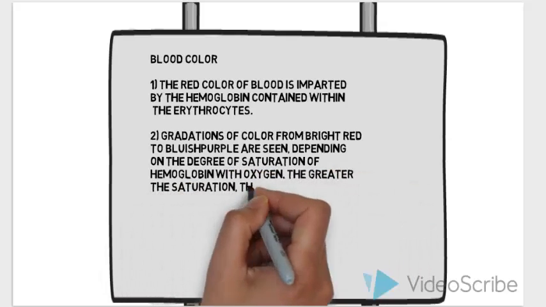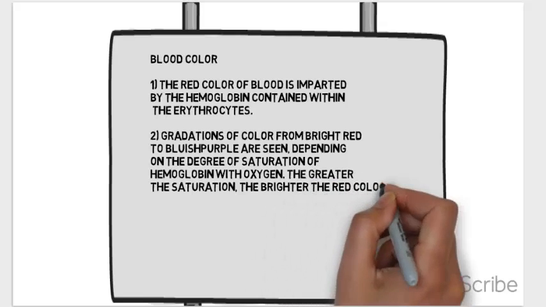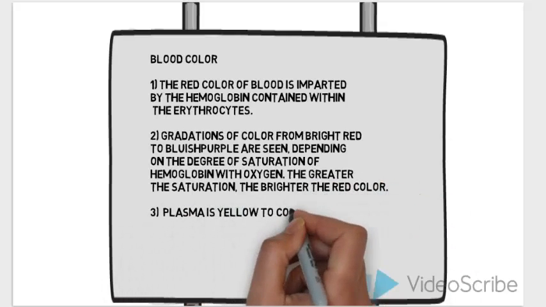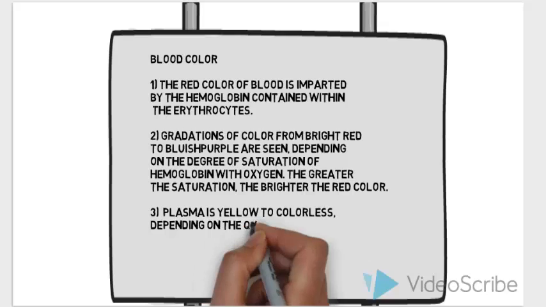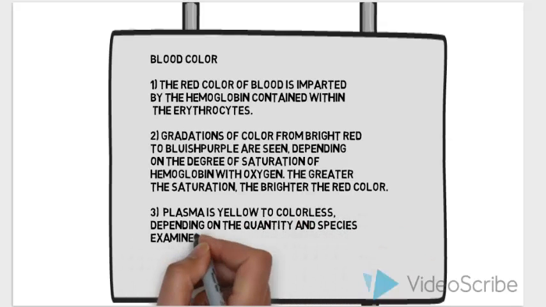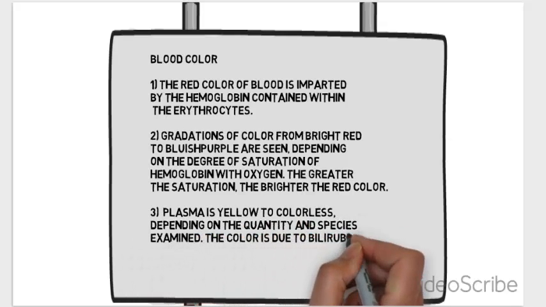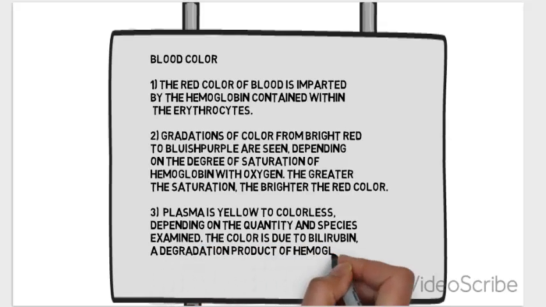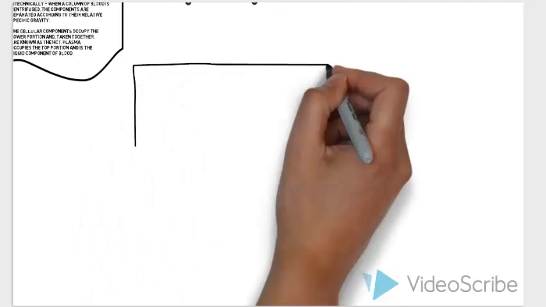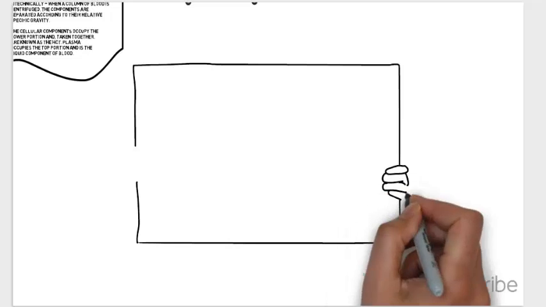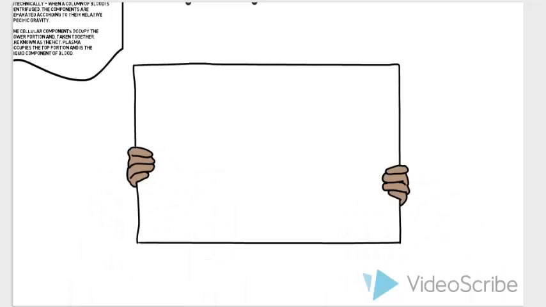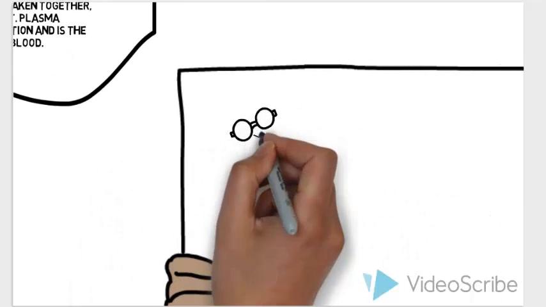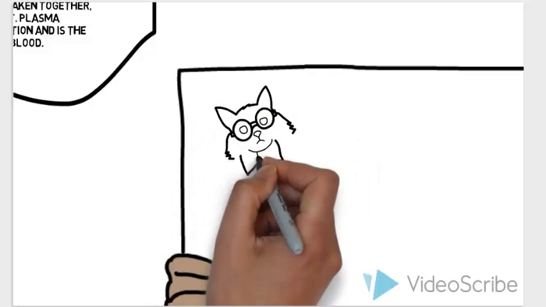The greater the saturation, the brighter the red color. Plasma is yellow to colorless depending upon the quantity and species examined. The yellow color is due to bilirubin. Bilirubin is a product of hemoglobin degradation.